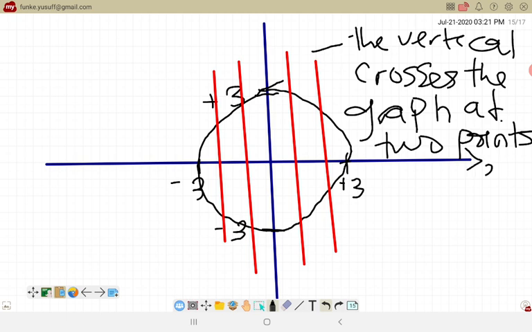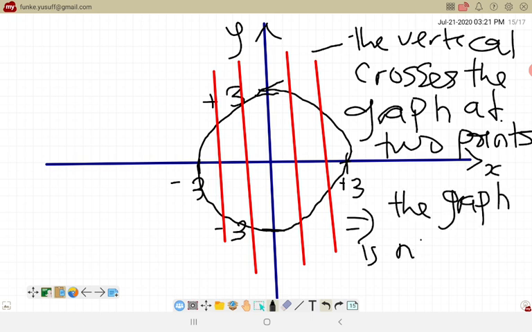At 2 points. So it implies that the graph is not a function. It's not a function. So this is how to determine whether a relation is a function. In general, the graph of the equation of a circle is not a function.